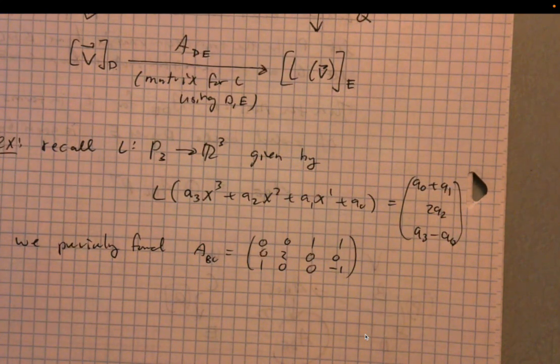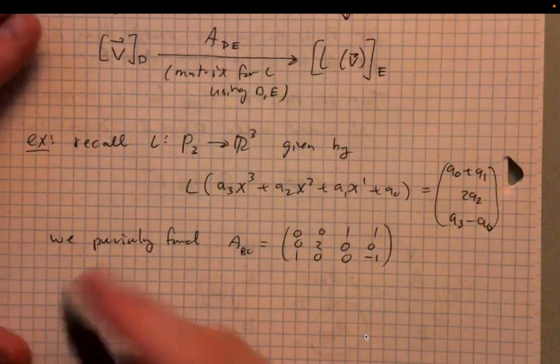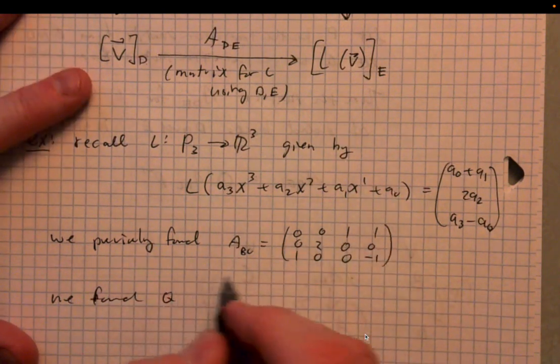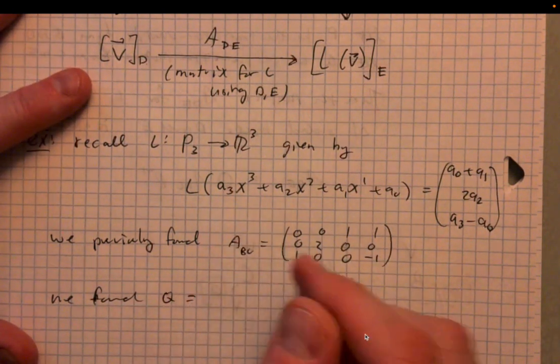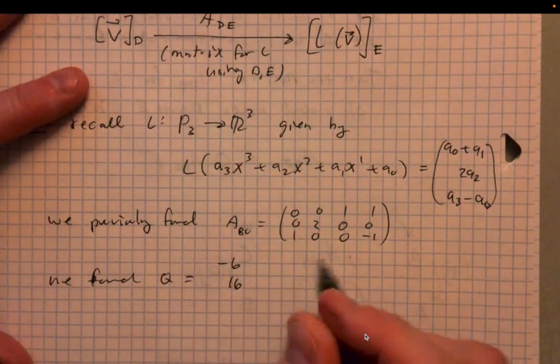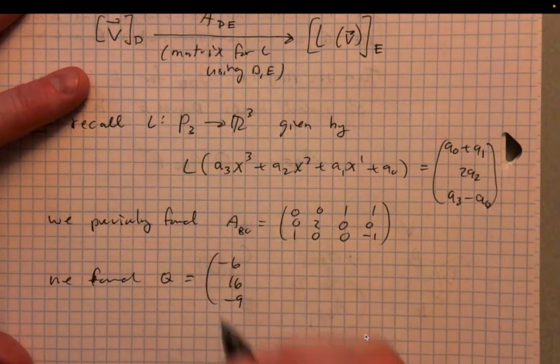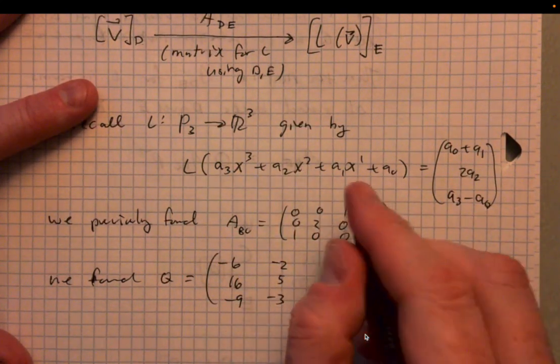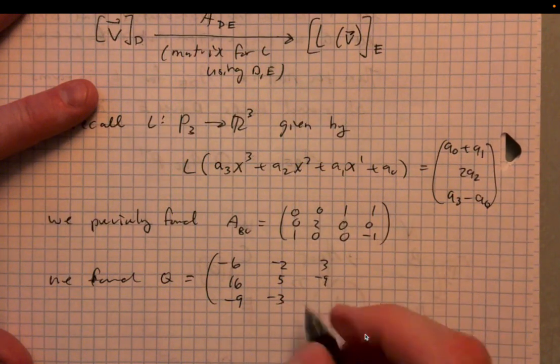Okay, and we found the transition matrix Q from basis C to E previously as well, as part of the previous example. And we said Q was equal to, I'm kind of digging these out, so negative 6, 16, negative 9, and then negative 2, 5, negative 3, and then 3, negative 9, 5.